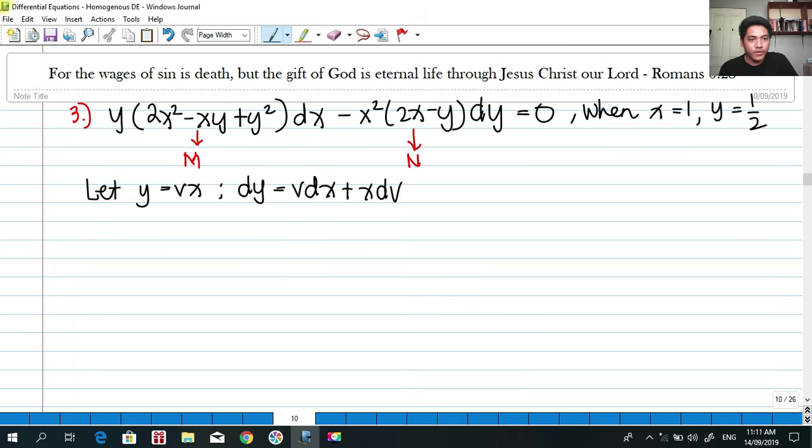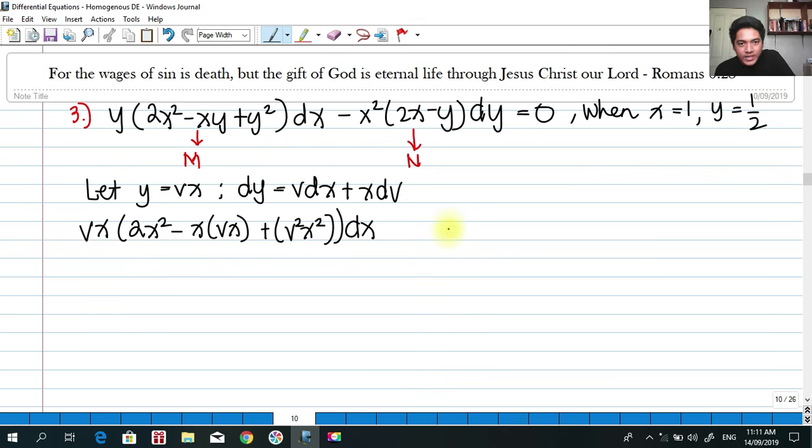So if we let y as vx, we have vx times (2x squared minus x times vx plus v squared x squared) dx. We simply substitute the value of y in this term, and the same for our N function.